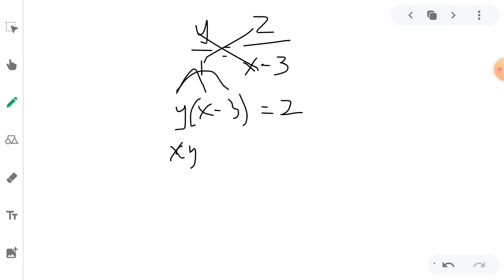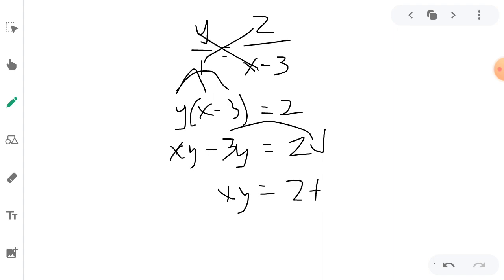Then y times negative 3 is negative 3y, equal to 2. In order to get the value of y, we need to move the negative 3y to the right side. We need to transpose. So xy is equal to 2 plus 3y.